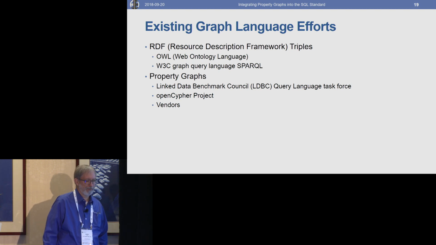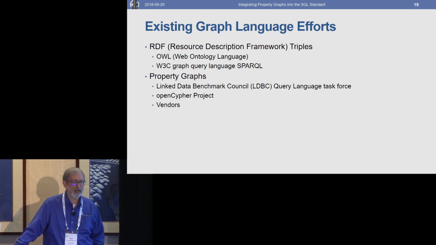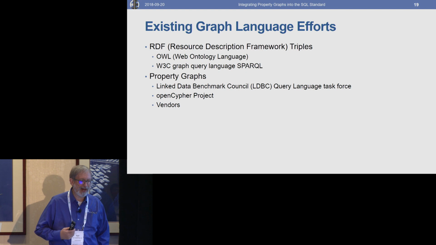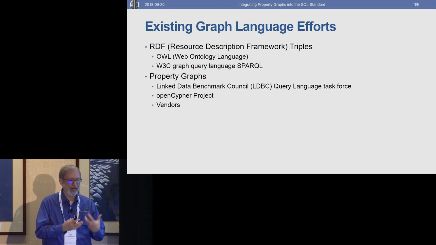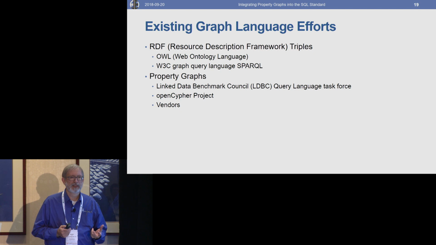But what about graphs? Well, there's the existing graph language efforts. W3C has a specification for a query language called SPARQL and a web ontology language called OWL for a sort of simplistic graph, something called RDF, Resource Description Framework. There's some work in the property graph queries from something called the Linked Data Benchmark Council Query Language Task Force. Say that fast 10 times.